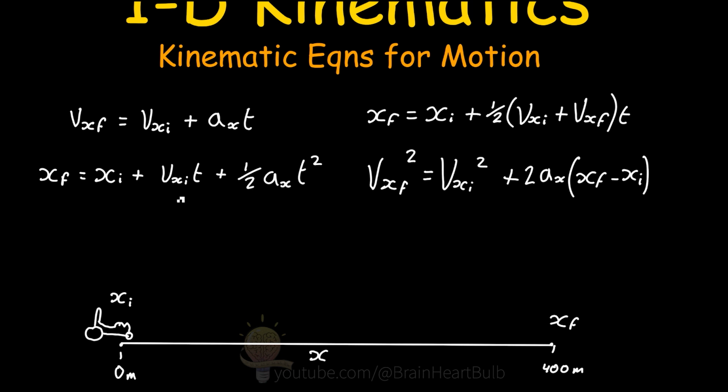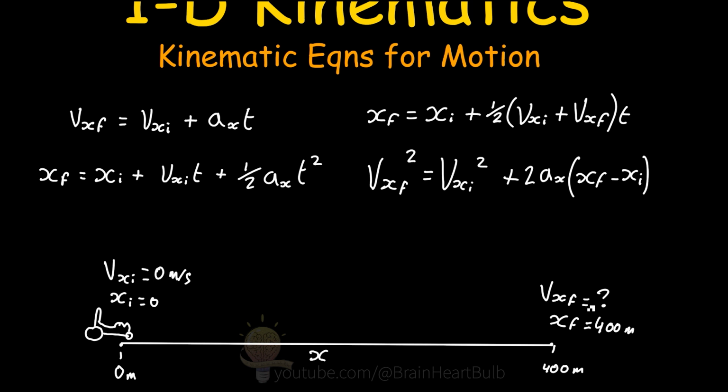Its initial velocity will be represented by vxi here, which would be 0 meters per second because it's not moving, it's at rest. Its final velocity would have some quantity that's above 0 meters per second in this case.